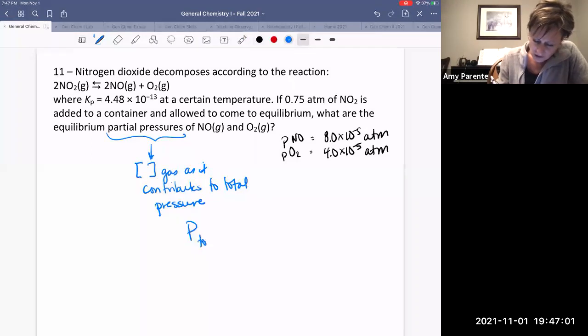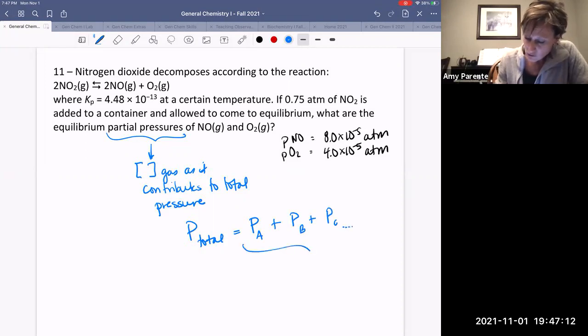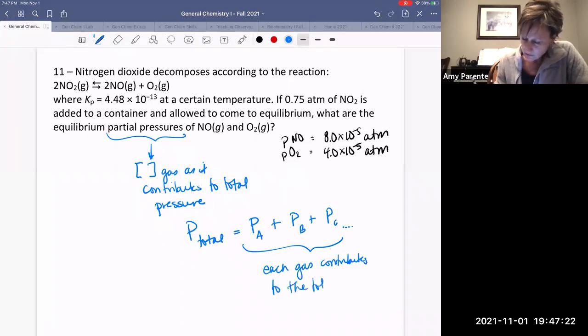The total pressure is equal to the partial pressure of some gas A plus the partial pressure of some gas B plus the partial pressure of others, so that these all sum up so that each gas contributes to the total pressure.